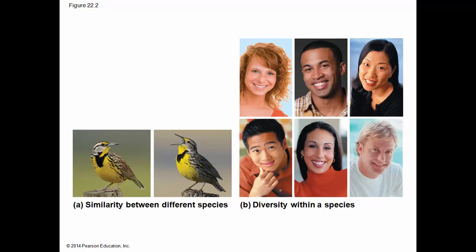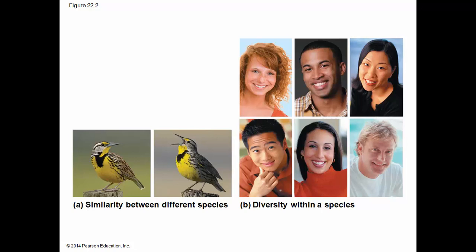Those populations, the eastern and western meadowlarks, were separated by that glaciation event, and they evolved into two separate species. Now, they maintain their distinct nature by virtue of their call.